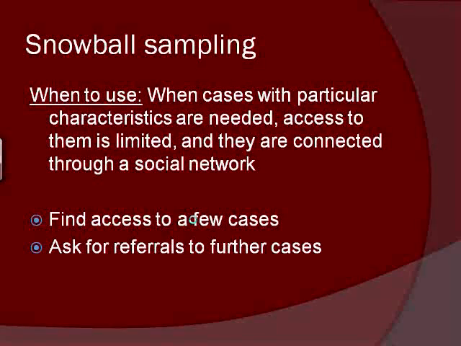So what happens is your sample grows like a snowball through referrals from people who already completed your study to new people who might be interested, and in turn those guys, after completing your study, might refer you to further people. So all you need to do in snowball sampling is initially find access to just a few cases, just a few people, and then from there on, ask them for referrals to further individuals.